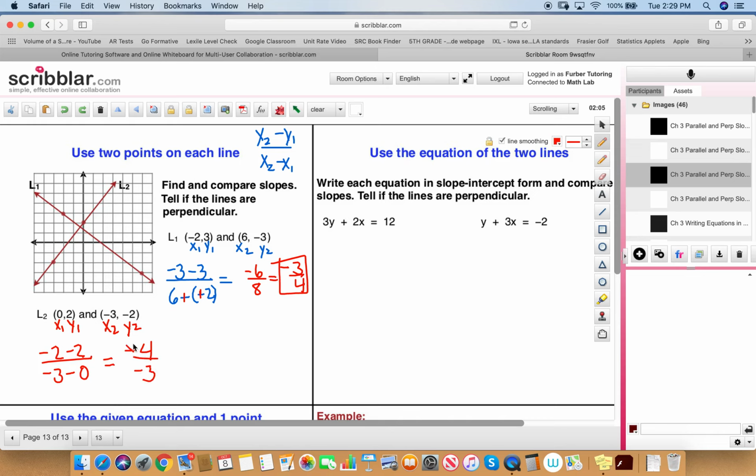The two negatives are going to cancel out, and I'm going to get a positive 4/3. Now, they are reciprocals of each other, okay? One is 3/4, one is 4/3, and one is positive and one is negative. Since both of those things are true, then we do have perpendicular lines.